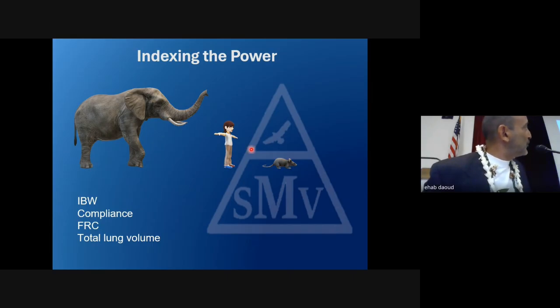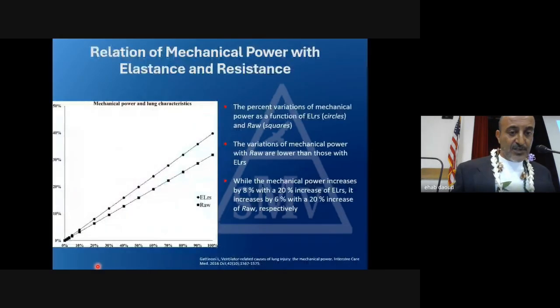But if we're talking about mammals, if you put that 17 in a small mammal, it will be too much. So mechanical power alone might not be enough. I think we should index it to whatever you want: the ideal body weight, the compliance, the functional residual capacity, the total lung volume. There are some studies, and again, those are the unknowns in mechanical power.